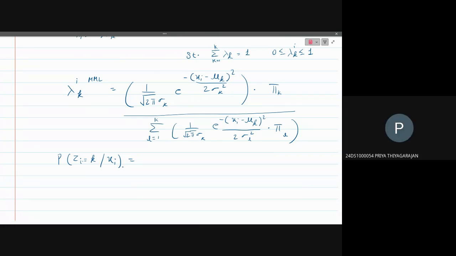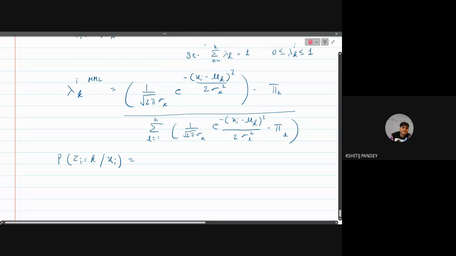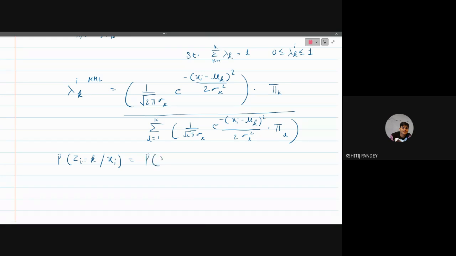Yes, sir. And the solution you get is equivalent to what you would get from Bayes rule. So this first term right here is the probability of this point xi given that the ith point belongs to cluster k.